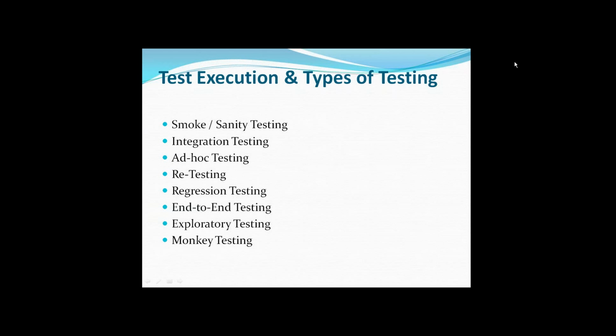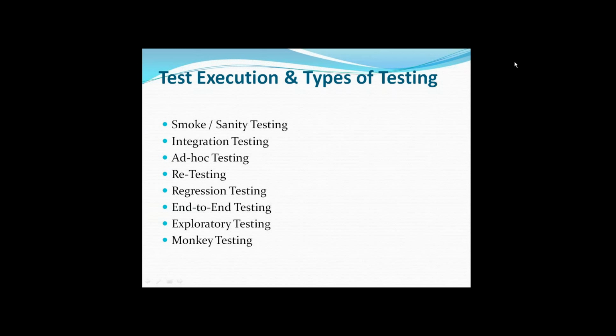So functionality testing means we have to test the functionality of any application, whether it is working perfectly or not, in good condition. Here we have to check our business requirements documents, which are the inputs of functional testing.